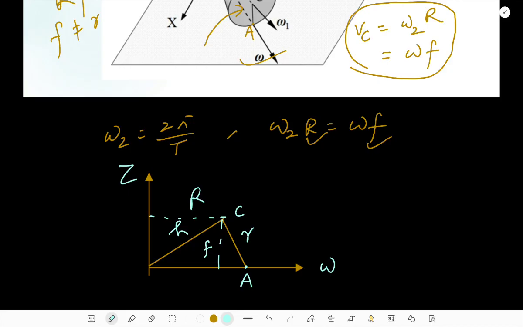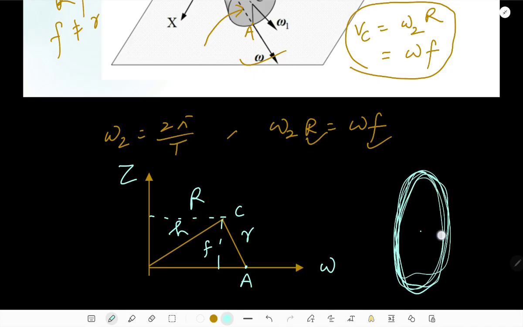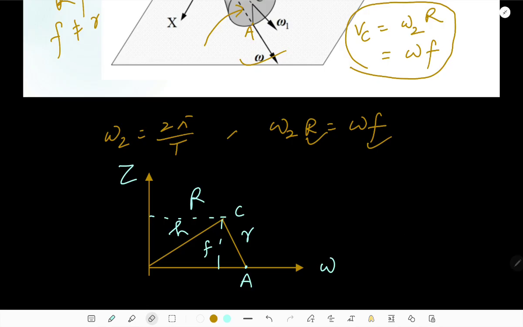Look at this closely and you will find I'm right. I needed to find this f, because this cone is rolling like this, so I need this f.